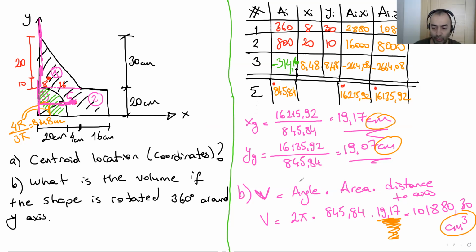At the end of the day, after we did all these calculations, we have xg and yg. Let me change the sketch, maybe the sketch may clear this part. After I did these calculations, I found the exact location of G for the total shape. Let's say it's here.